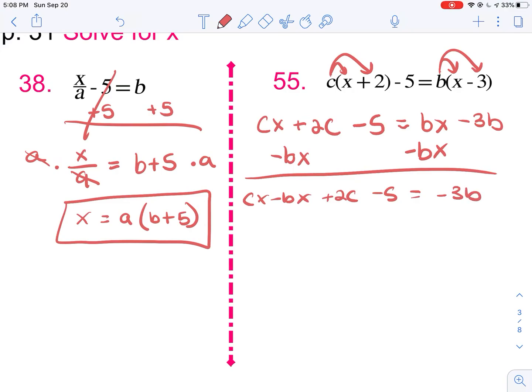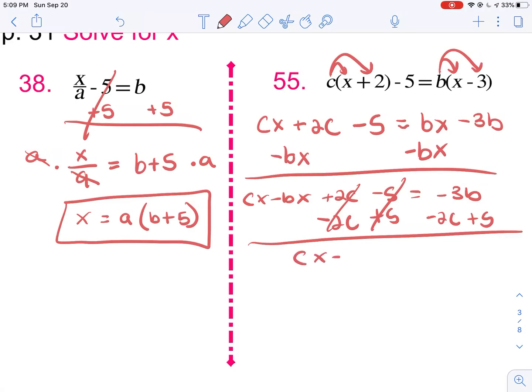And then I'm going to move over all the terms that don't have an x, so minus 2c and plus 5. Now, I just went this way because I typically put my x's on my left-hand side, but you could have gone the other way as well. So I end up with cx minus bx equals minus 3b minus 2c plus 5.